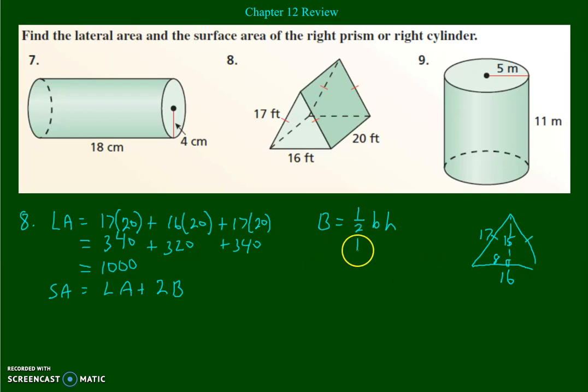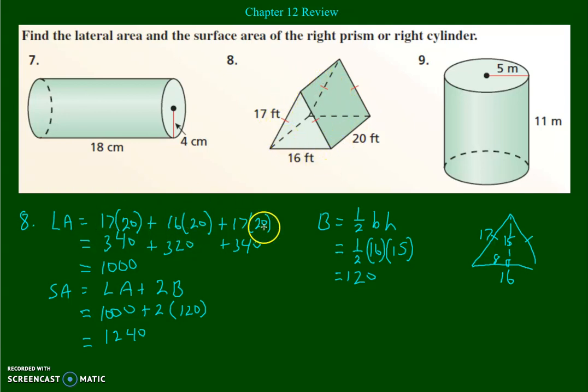That makes this 1/2 base 16 times the height. This piece is 15. That gives us 120. So we're going to have 1,000 plus 2 times 120, which comes out to 1240.